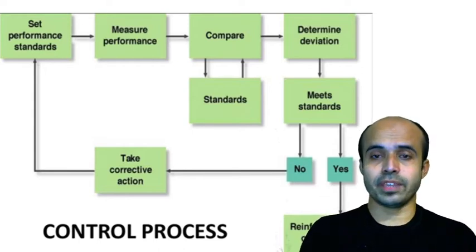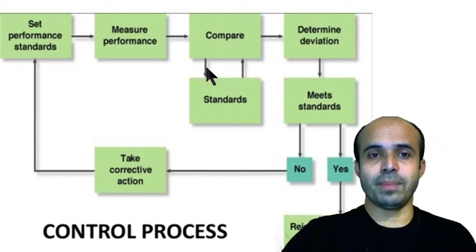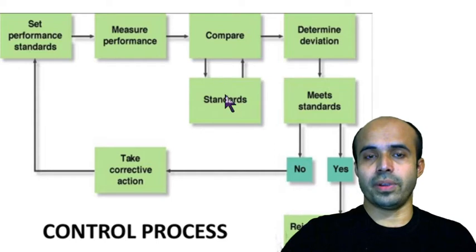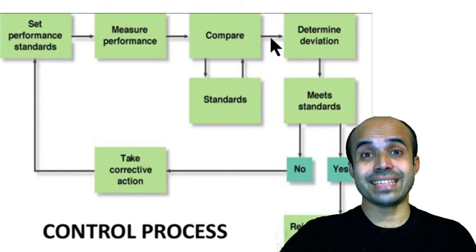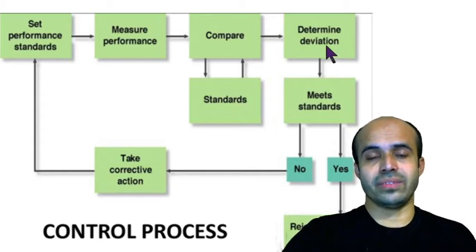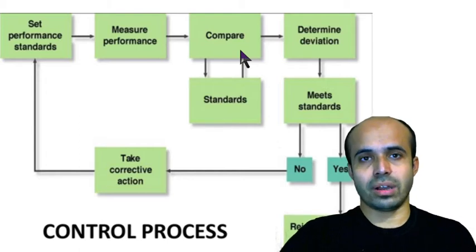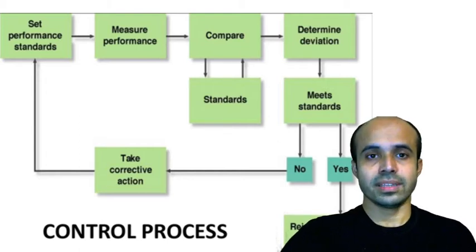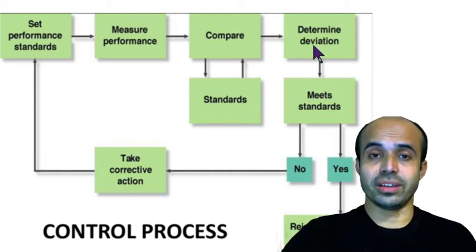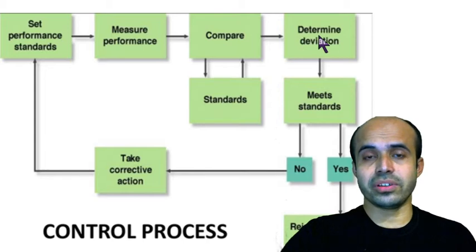And below, you can see in the picture, here is the standard. The output will be compared with this standard, and then you can see this arrow and this arrow come to determine deviation, if any fault is found. Then we determine the deviation.